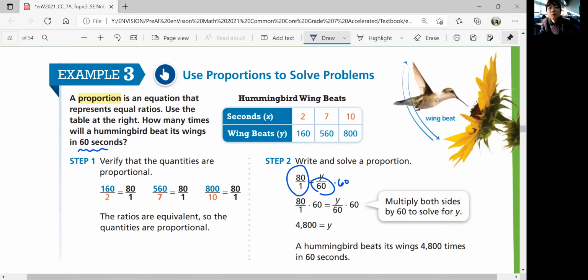So times 60 on both sides, you get 60 times 80, which is 4,800 is equal to y. So a hummingbird beats its wings 4,800 times in 60 seconds would be your answer.